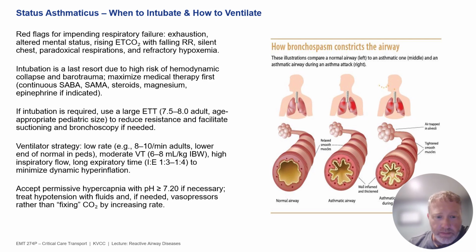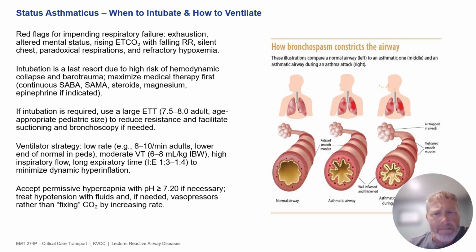Once you intubate a status asthmaticus patient, the ventilator strategy is a little different. You are okay with permissive hypercapnia. You're okay with their CO2 being a little high and their pH being a little low. You want a low respiratory rate, so 8 to 10, 8 to 12 breaths per minute in adults, lower end of normal in peds.